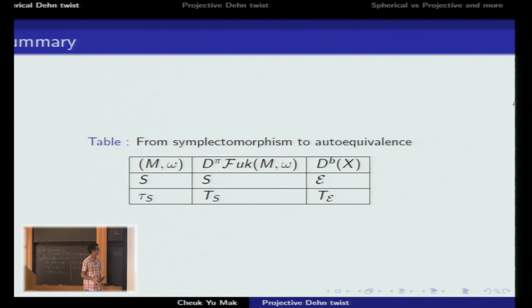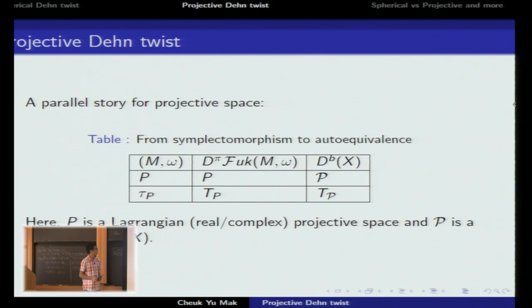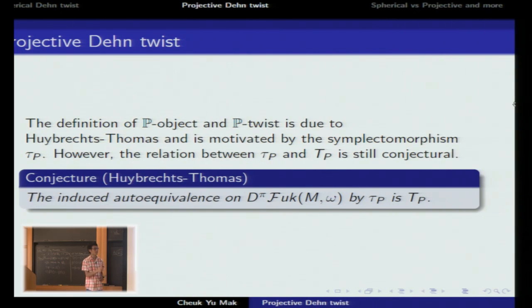So let's go back. In this picture with S and E, Seidel proved that the first column and the second column correspond to each other. But for this one, it is easier to define the autoequivalence purely algebraically using P object, and it is not known whether they are related.